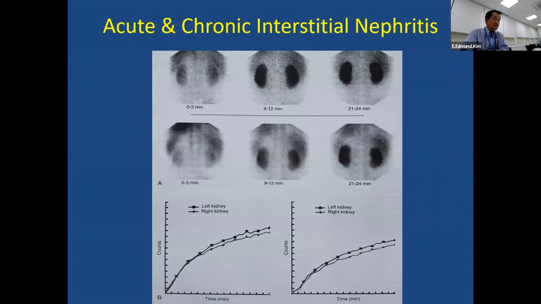So again, now this is not a dynamic flow study. After 1 minute, you take just the consecutive static images. The right side is the right because this is the liver, right side. And the kidneys look symmetrical, usually.